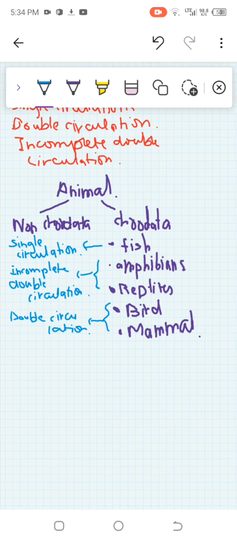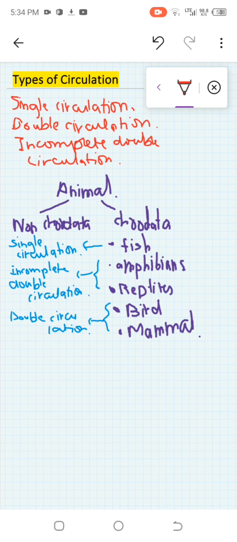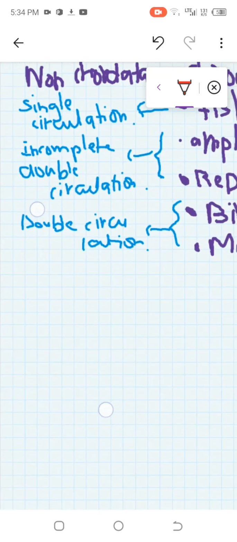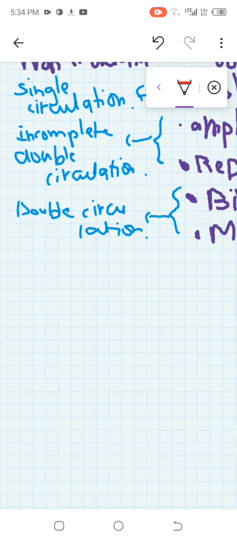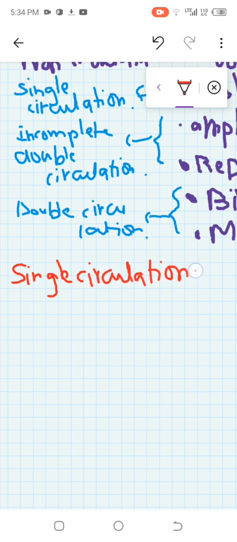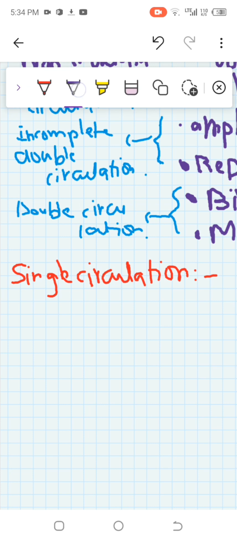First, the circulation I'm going through is single circulation. As I told you, single circulation takes place in fish.